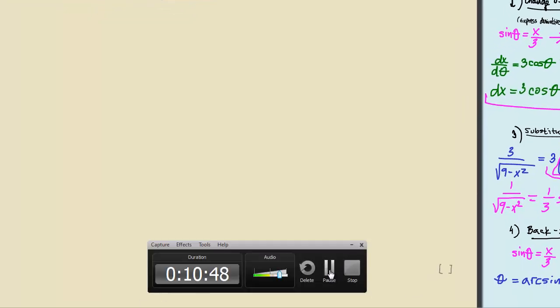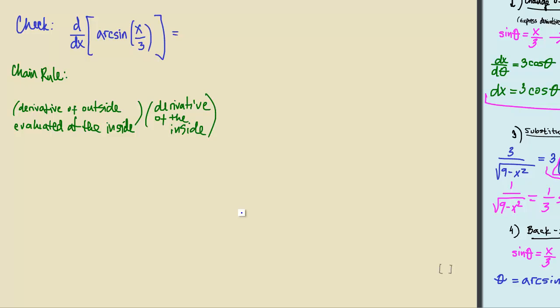So that's 10 minutes. Let's see if we can check the answer to see if we did the integral correctly. So let's pause now. Now we need to use the chain rule here, so do the derivative of arc sine of x over 3, and it's just from our derivative table.